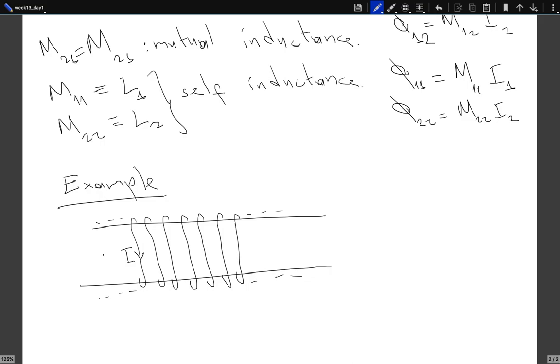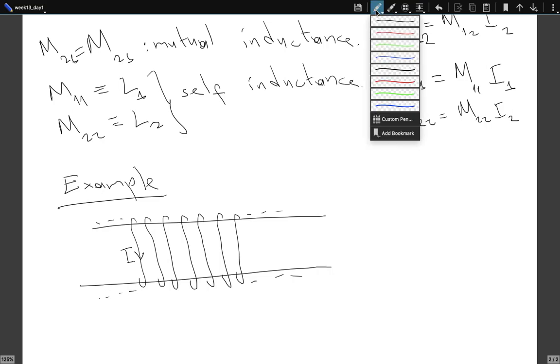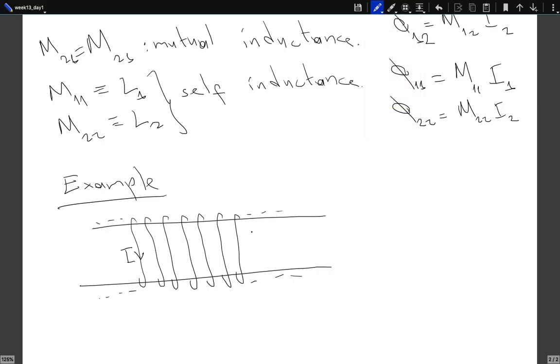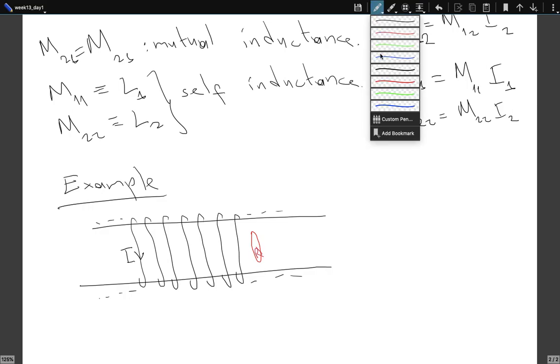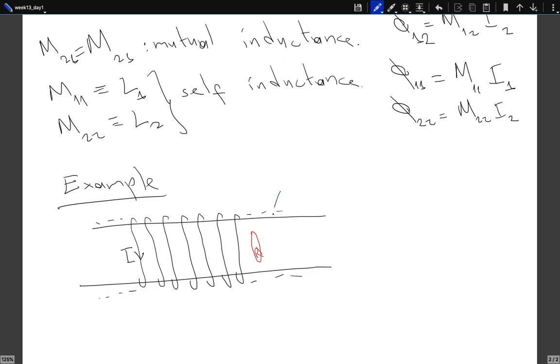In that direction. Just wrap your fingers towards your left. Well, let's just imagine inside we have another ring with a radius r. Let's also look at the case where we have a ring outside of radius r prime. What is the mutual inductance of the small ring? What is the mutual inductance of the large ring?